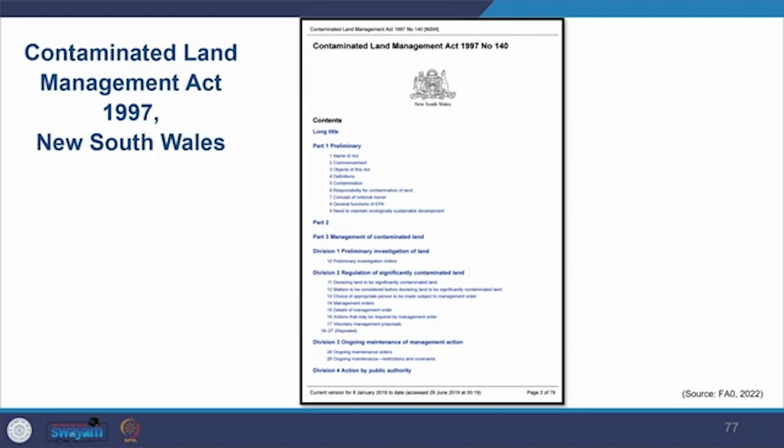You also find legislation in the UK dealing with contaminated land, which relies on the principle of a suitable-for-use approach, where remedial action has to be provided only if there is unacceptable risk to health, property or the environment.